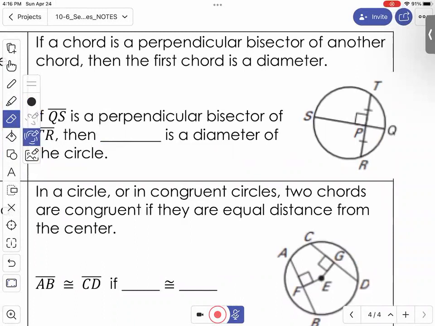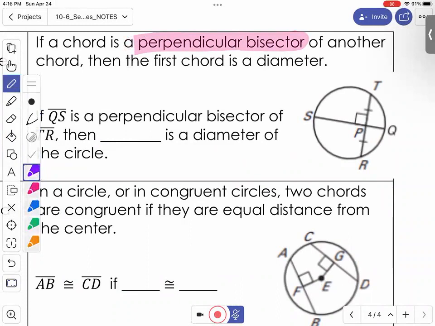So now, we're going back to perpendicular bisector. Again, bisector means cut in half, perpendicular means at a right angle. So if one chord is a perpendicular bisector of another, then the first chord must be a diameter.